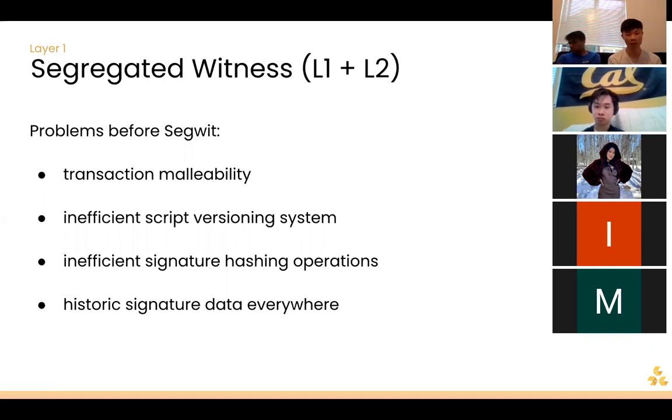We trust that the miner and other people in the network have successfully checked the transactions inside that block. So we don't need to keep the historic signature data inside those blocks because, rather than keeping the data, we could include more transactions, therefore in a way increasing the block size. These are some of the main pain points that SegWit fixed, and we'll go into each of them in more depth.